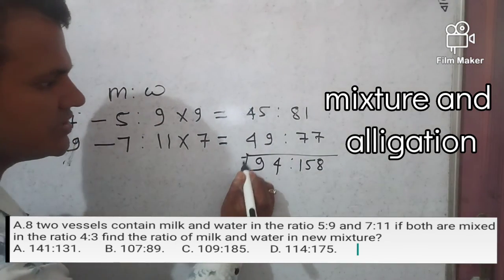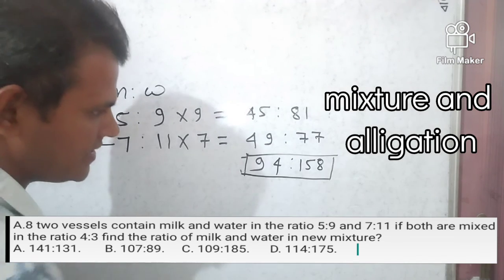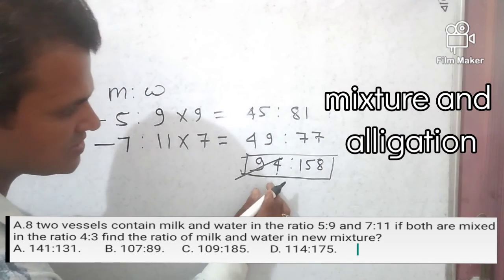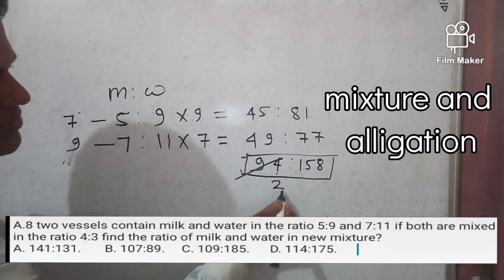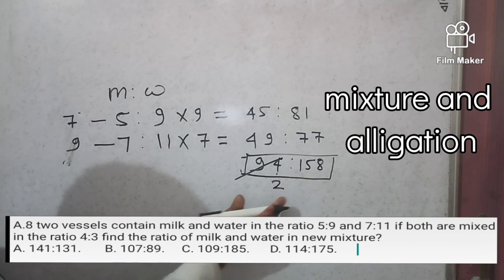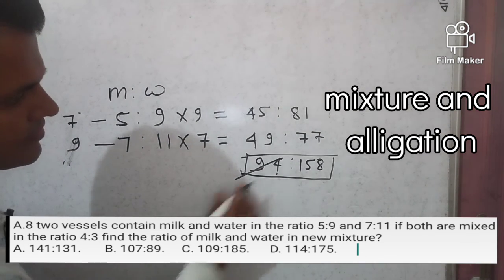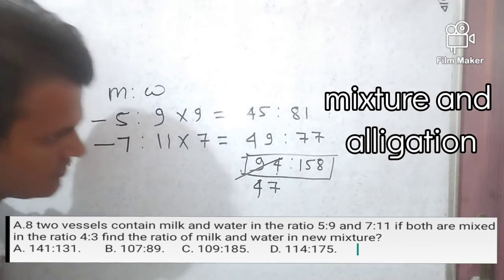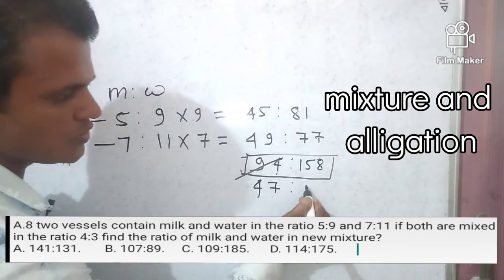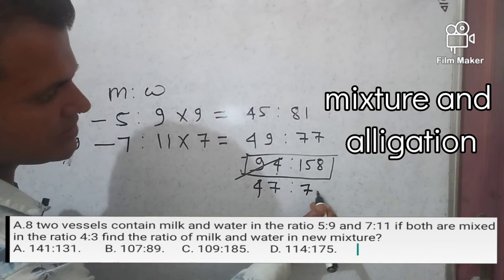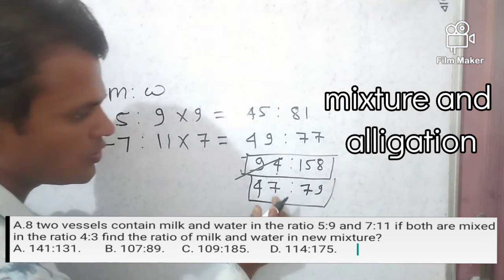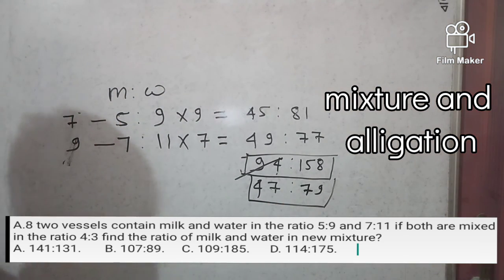So the new ratio is 94 plus 158. So this will be divided by 2, 2 times 4 is 8, 47. Ratio 2 times 7 is 15 and 2 times 9 is 18. So the new ratio is 47:79.